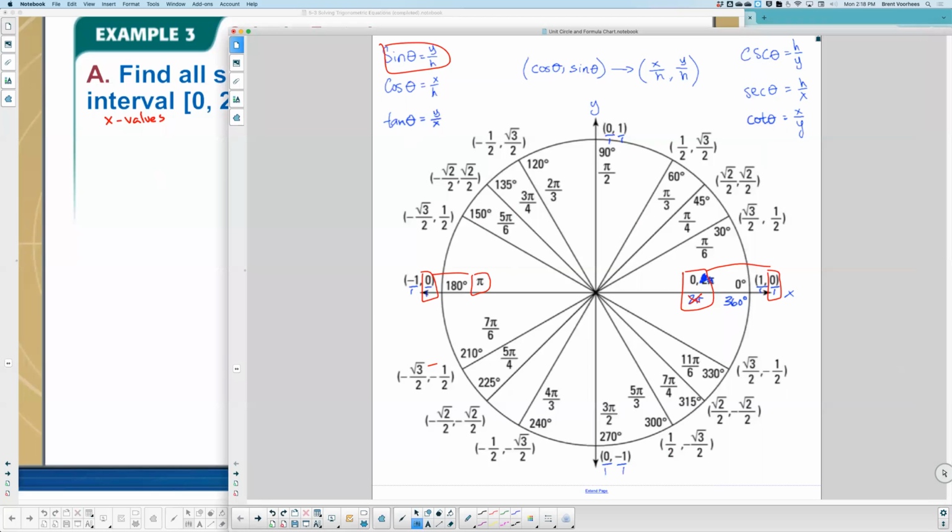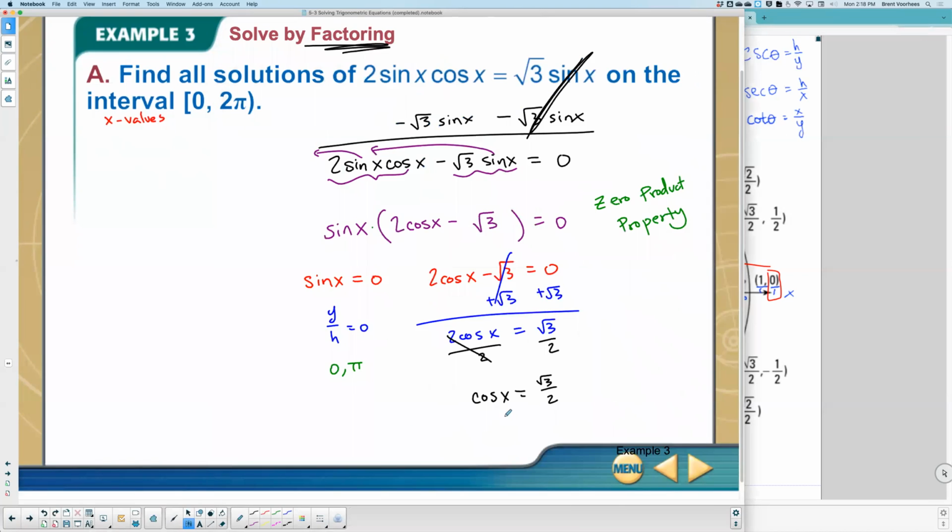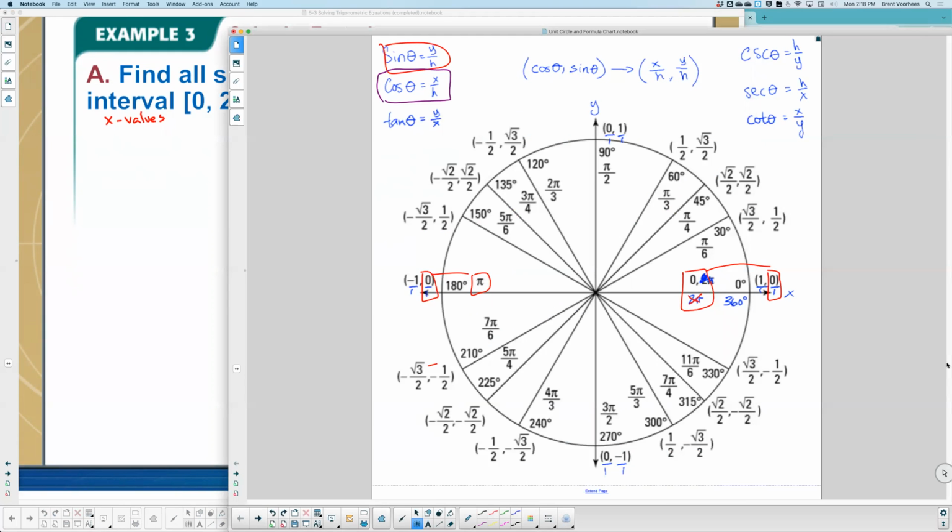Cosine's ratio is x divided by h. So we're looking for x divided by h to be equaling square root of 3 divided by 2. So find those two spots. Pi over what? Pi over 6. Do y'all agree or disagree with pi over 6? I agree. Okay, there's one more. 11 pi over 6. Yep.